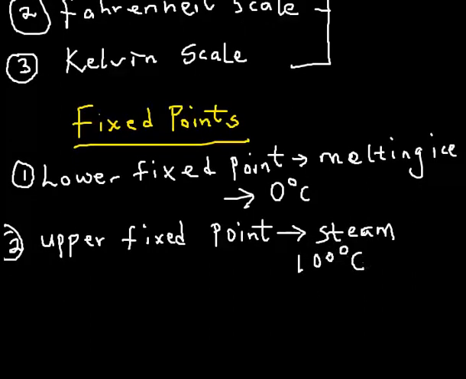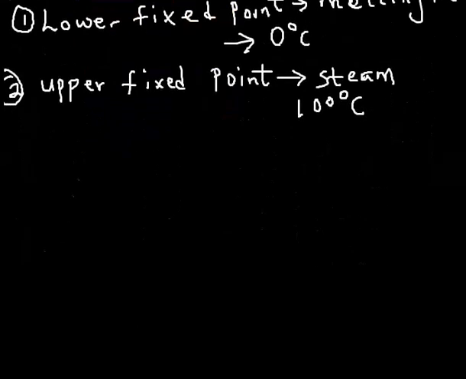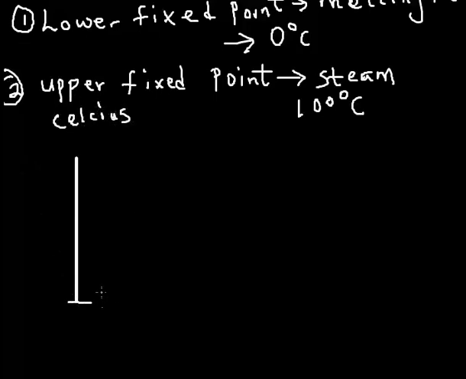So water is converted to steam at a temperature of 100 degrees Celsius. So I can draw a scale based on Celsius just using a line. It is easy. On the line, I have the lower fixed point for Celsius or centigrade, which is 0 degrees Celsius, and the upper fixed point, 100 degrees Celsius. What is different with Fahrenheit?